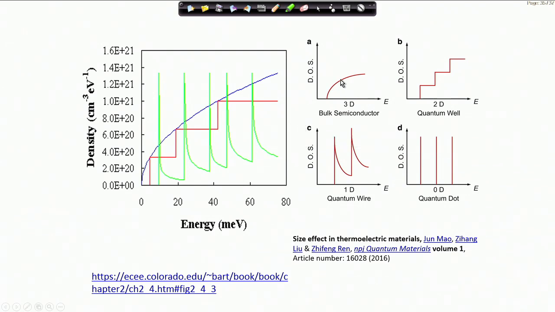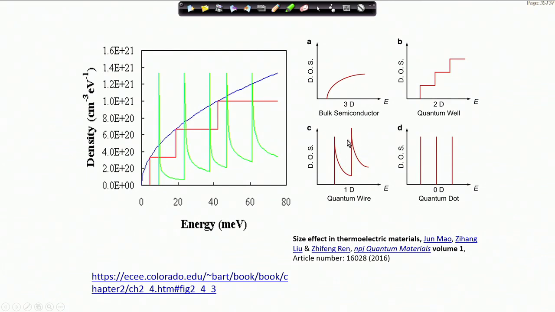In one dimension something different happens. As you can see, there are these spikes, and these spikes are different energy states. Between two energy states, the energy dependence of the density of states is 1 over root E, so E to the power minus half, and that is interesting because it has a singularity at energy going to 0.